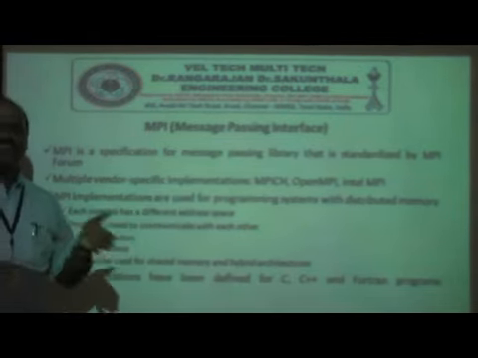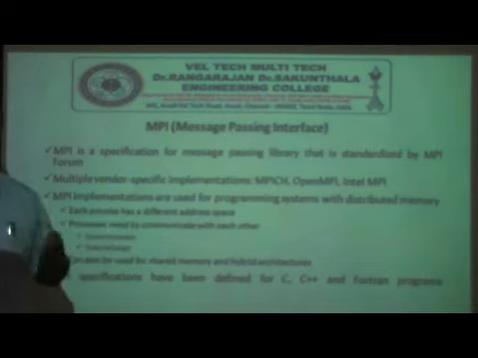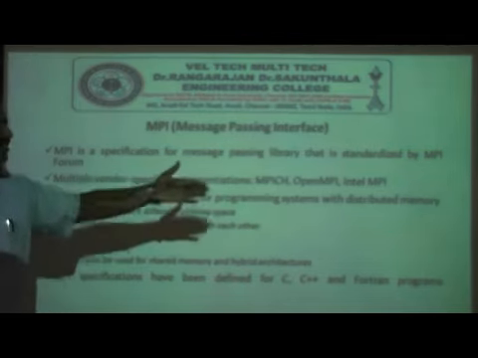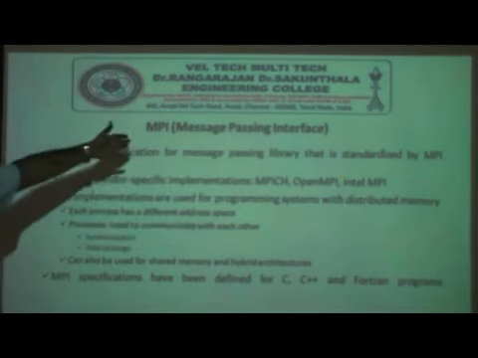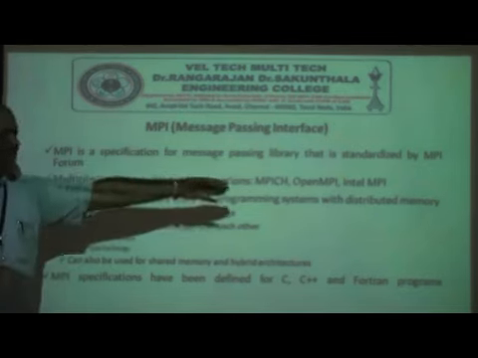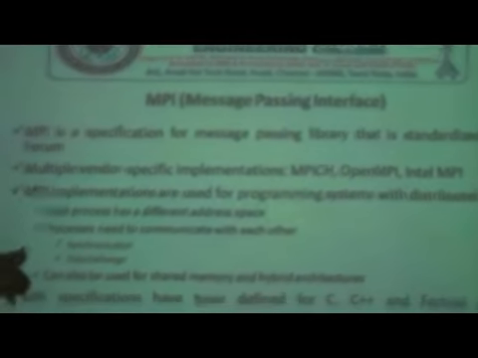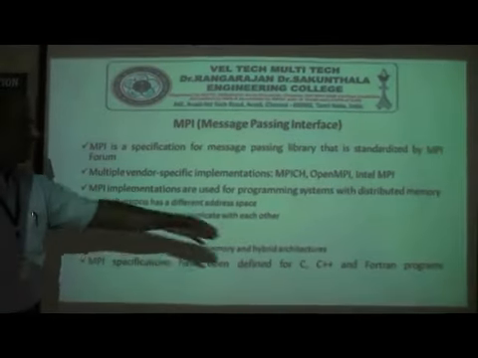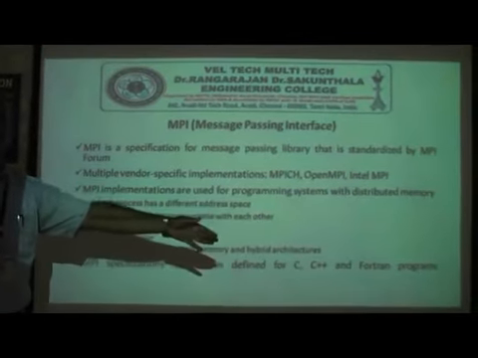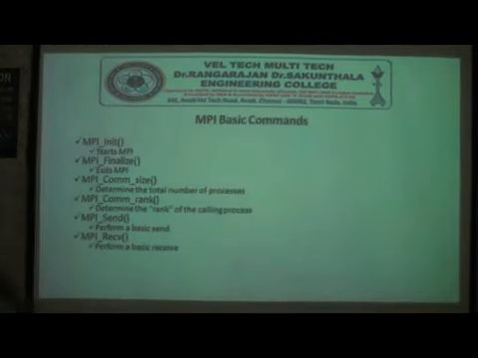In symmetric, we can share the memory in a common way. In distributed memory architecture, we have separate memory units. MPI is especially used for distributed memory architecture. The functionality of MPI we can extend with C, C++ and Fortran. How to extend with C++ and Fortran we will discuss later.